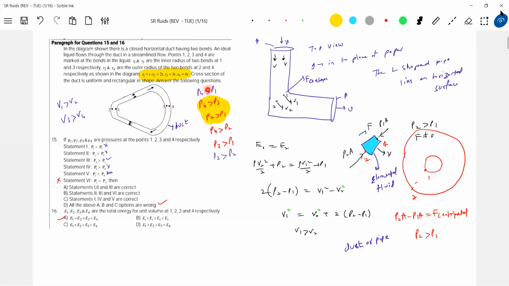How to conclude this particular data? Can we say anything about the speed? Let's do one thing. Let's talk about the speed. Speed, what we have is only one thing, V1 greater than V2, V3 greater than V4. So can we compare the speed between 1 and 3?